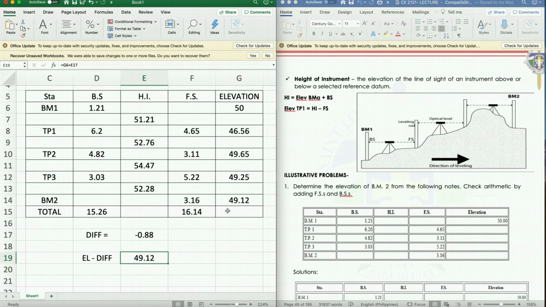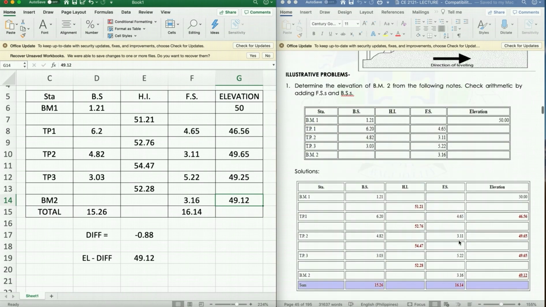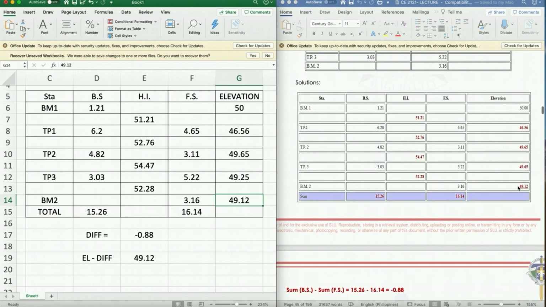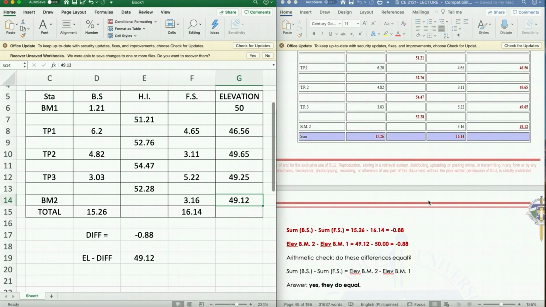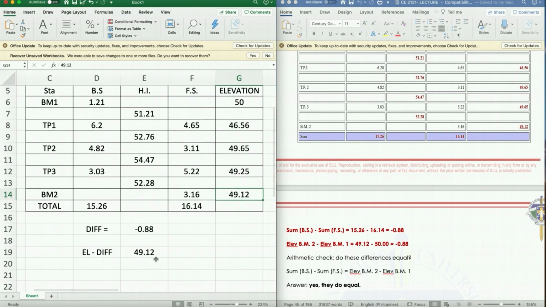So this one and this one should be the same. And since they are the same, it means our answer for the elevation of benchmark 2 is correct. From your module, let's check. It is 49.12, and that is also 49.12.